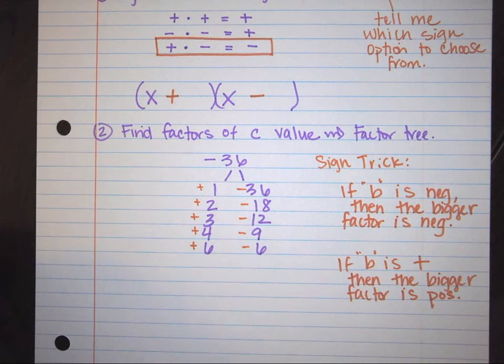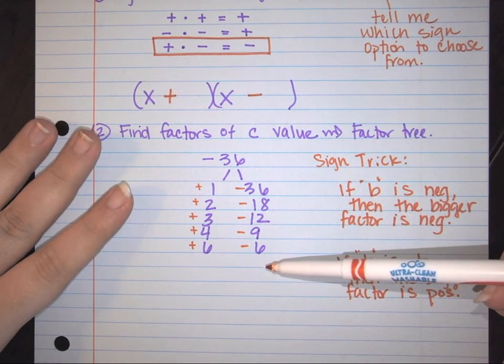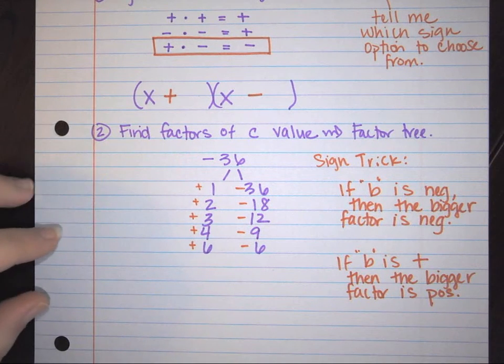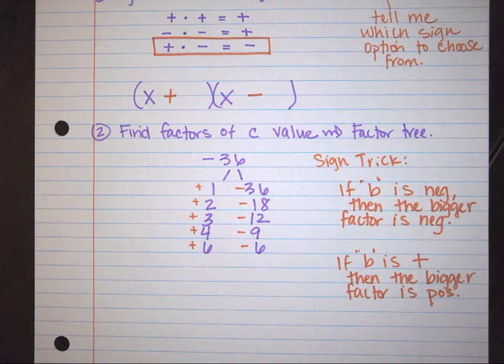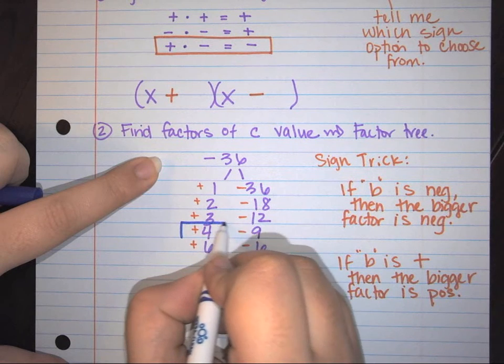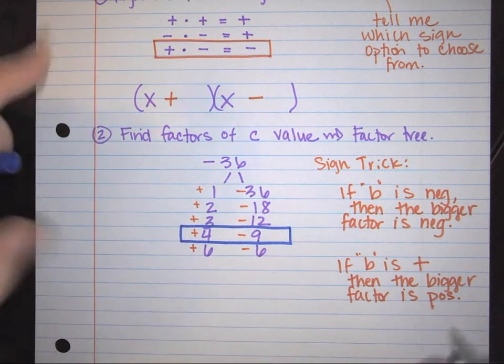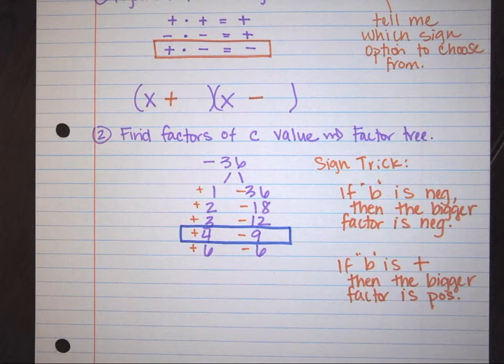So now I want to look at which combination of these, when added together, is going to give me a -5. And in this situation, we only have one factor that's going to make that happen. It's going to be 4 and 9. When we add those together, we get -5.